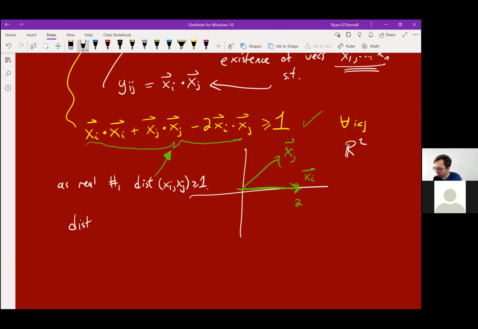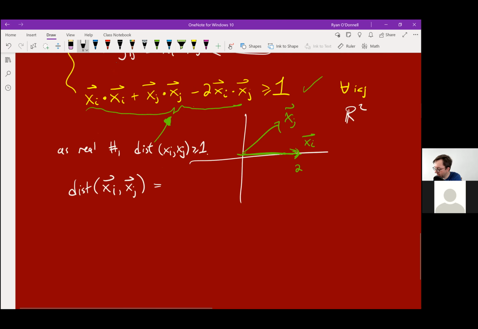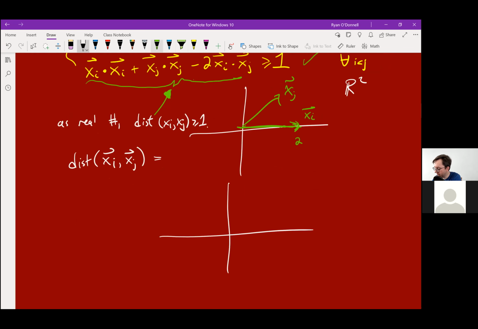What's the distance between the xi vector and the xj vector? We want to know the distance between them.